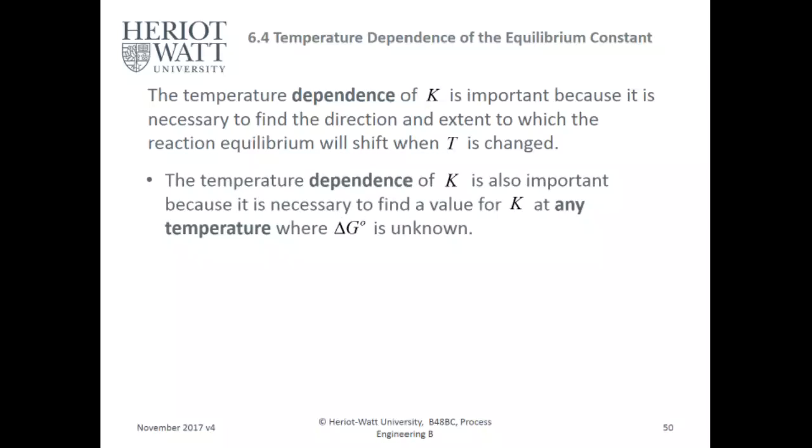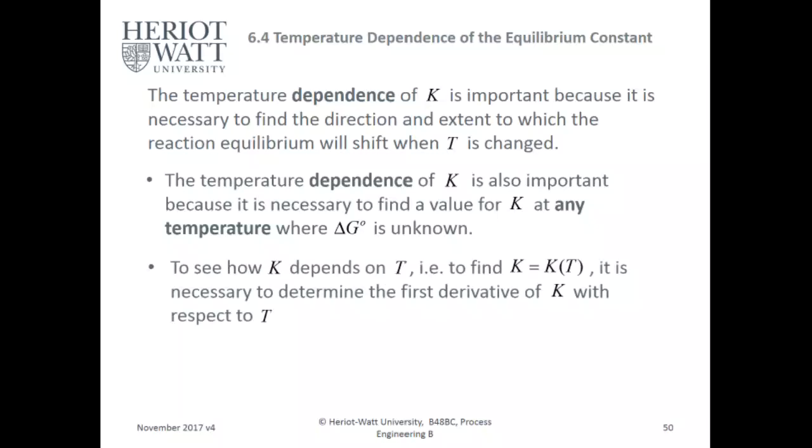The temperature dependence of K is also important because it is necessary to find a value for K at any temperature where delta G is unknown. To see how K depends on temperature, it is necessary to determine the first derivative of K with respect to temperature.